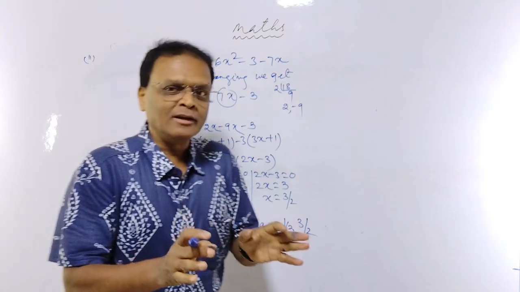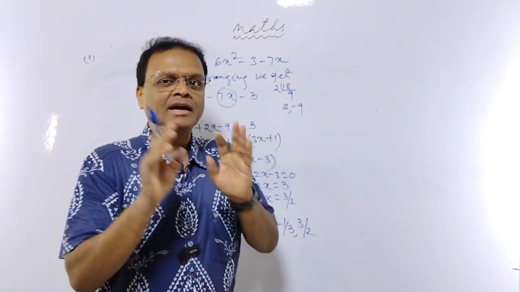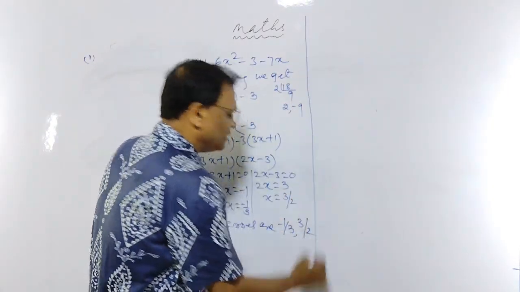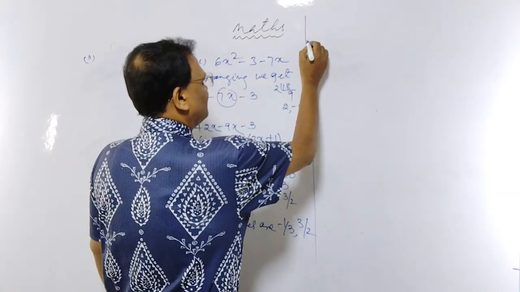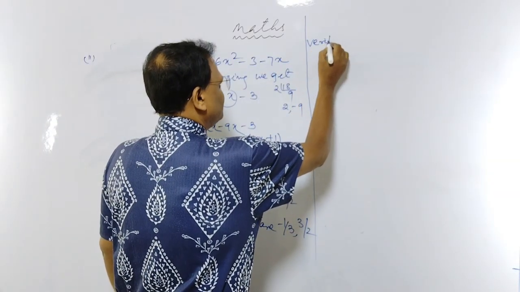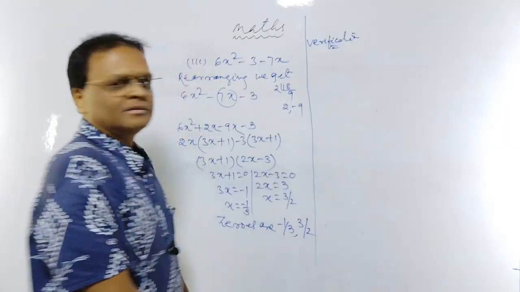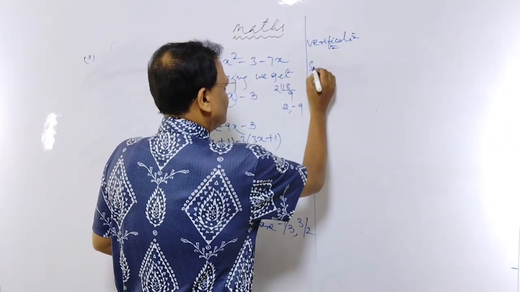I have to check the relation between the zeros and coefficients. That means I have to check the relation between zeros and coefficients. So let's see, if I start the verification, again as usual, what do I write? Sum of the zeros.